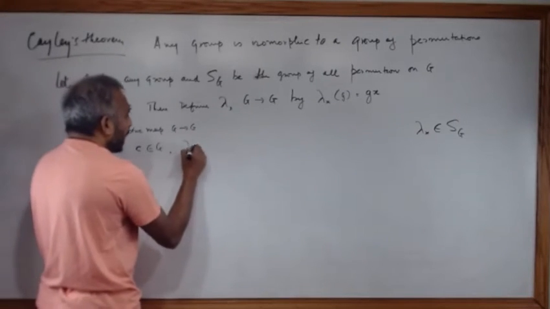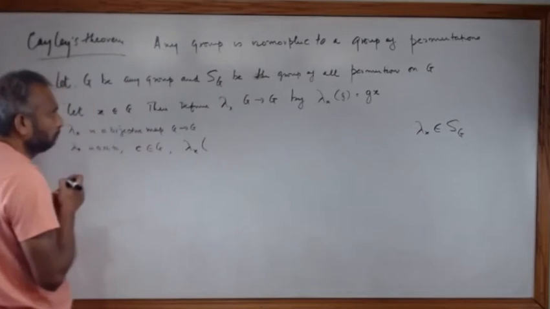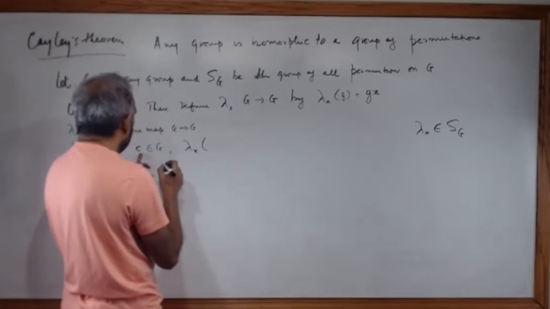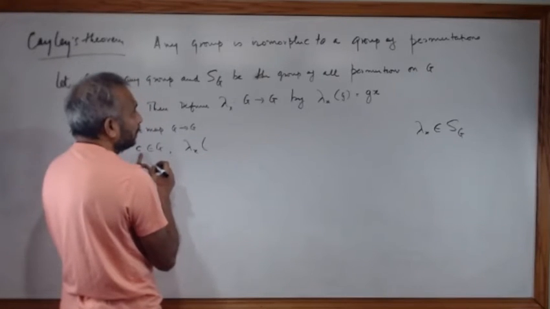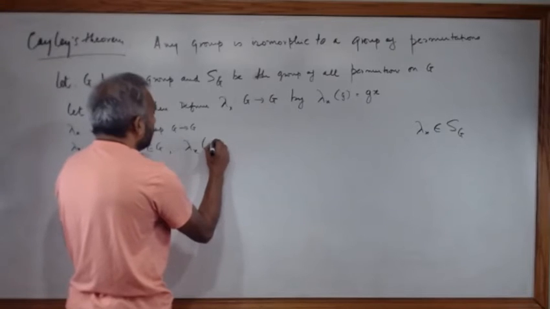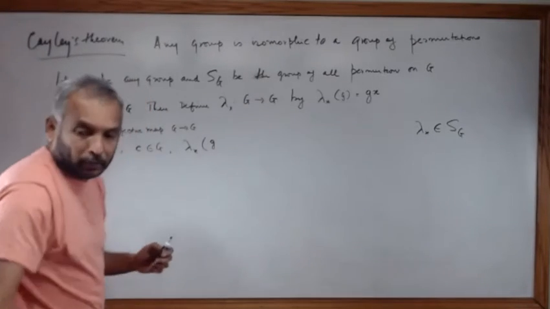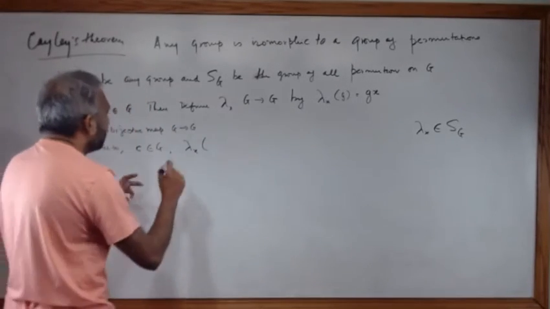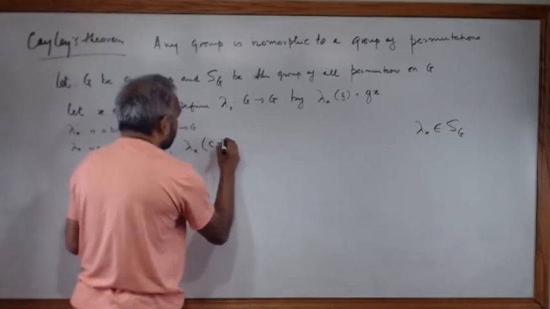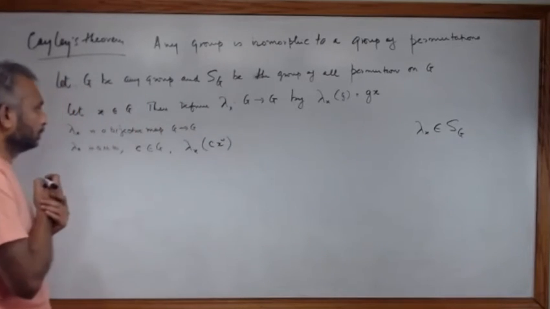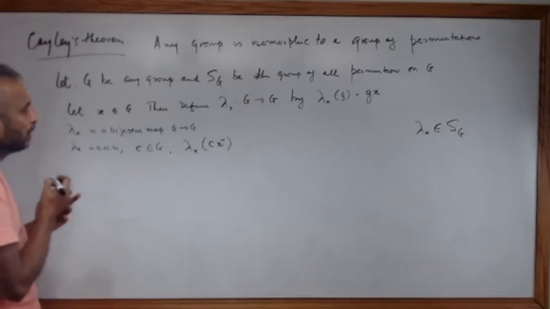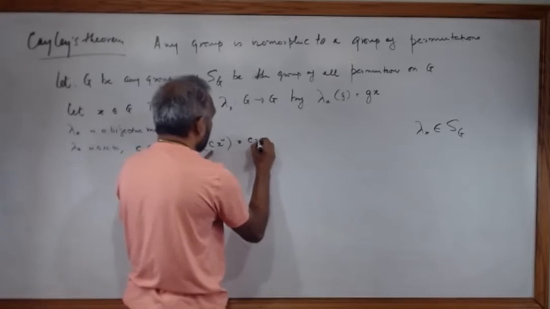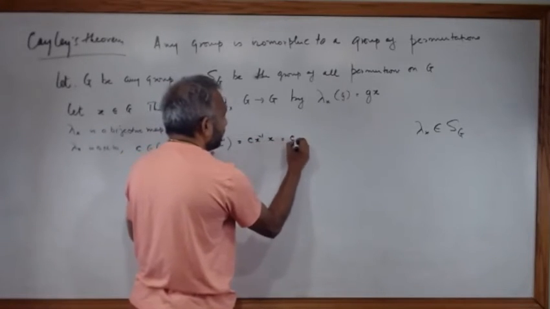Lambda_x of (c x inverse) is c x inverse times x, and that is c.